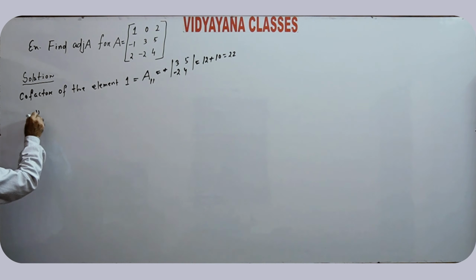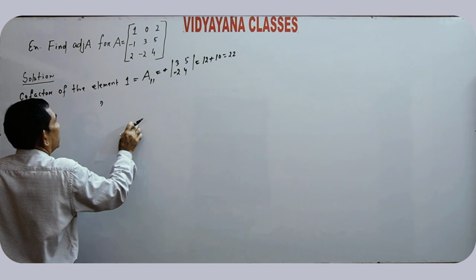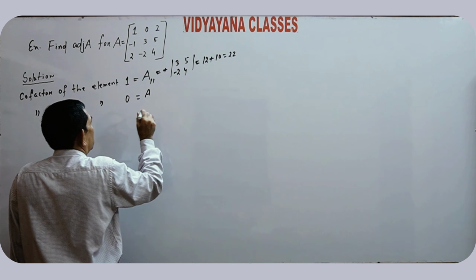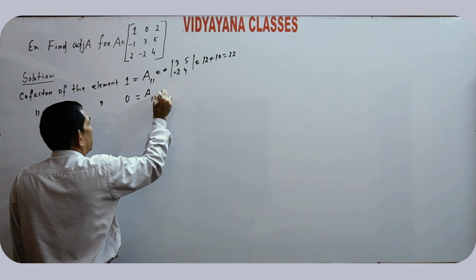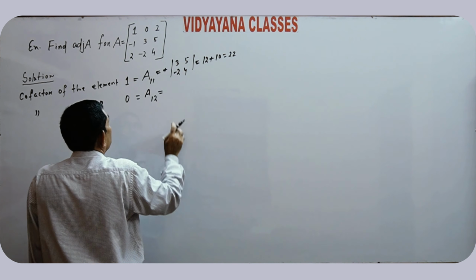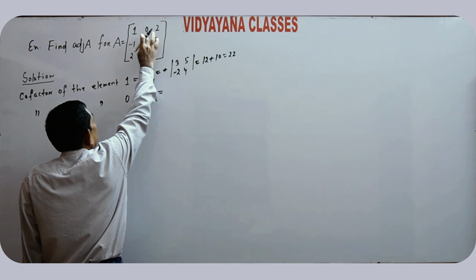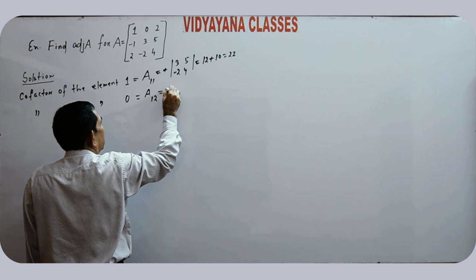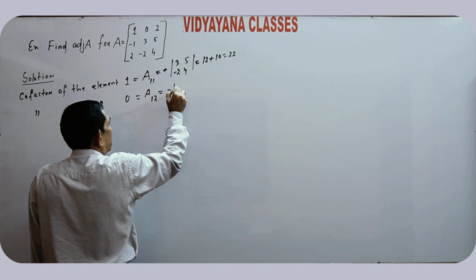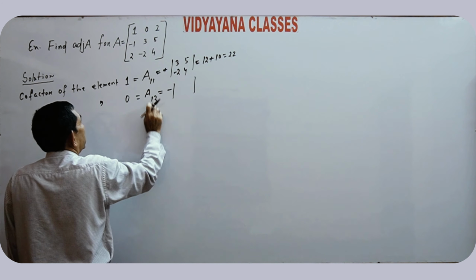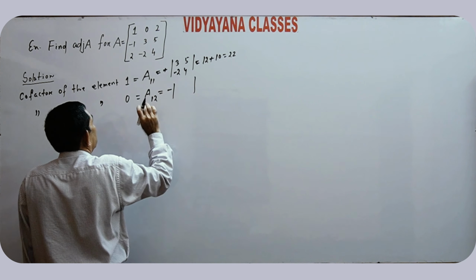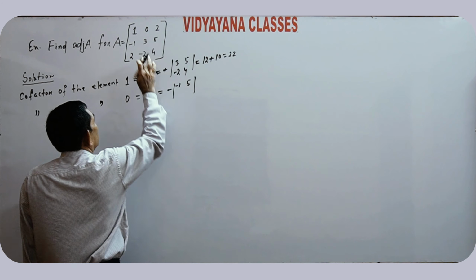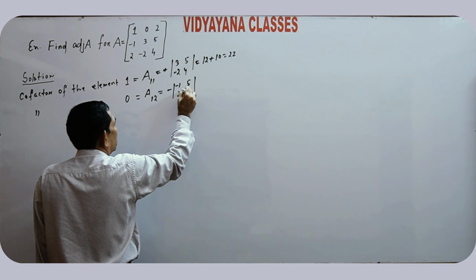Cofactor of the element 0, that means the element of first row, second column. The sign of the element 0 is negative. Deleting the first row and the second column, the determinant has elements minus 1, 5, 2, 4.